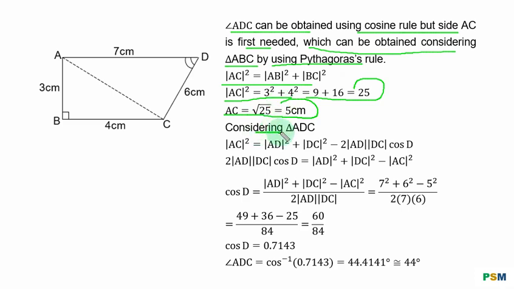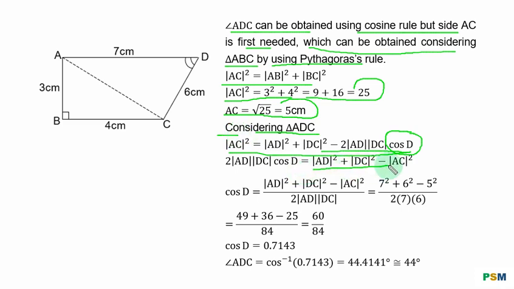Considering triangle ADC, you state the cosine rule in this form. We are interested in getting cos D. First, you transfer this term to the left, it becomes positive, and you transfer this to the right, it becomes negative.